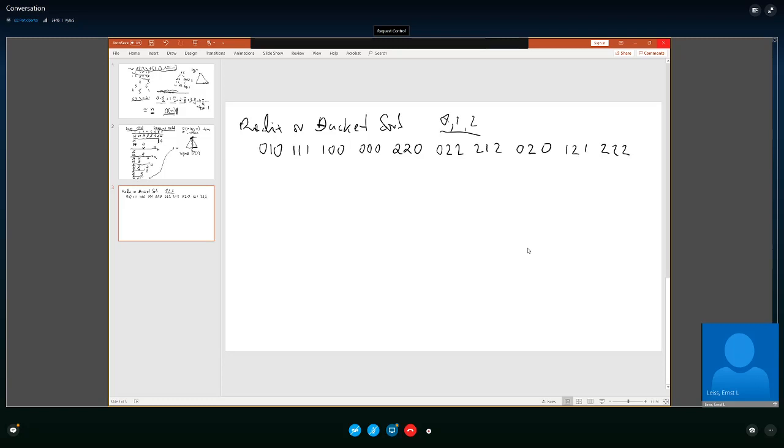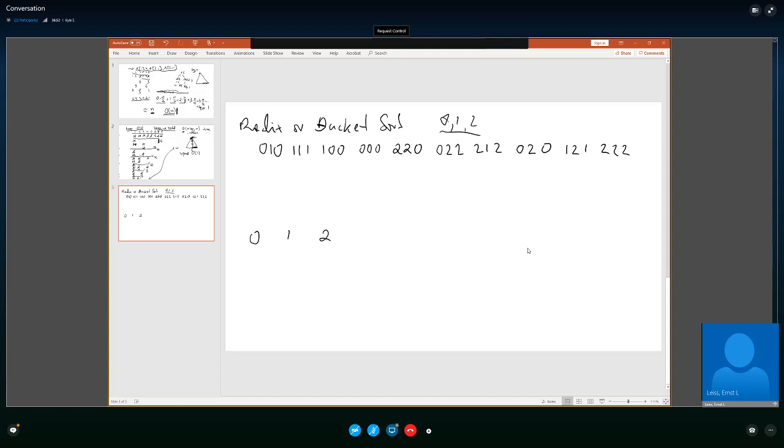Okay, so now the way in which this is going to be carried out is we have three buckets, one for each of those three digits, 0, 1, and 2. We go through that list of 10 elements, and we first consider the last digit in each string. And we put the string into the bucket that corresponds to that last digit.